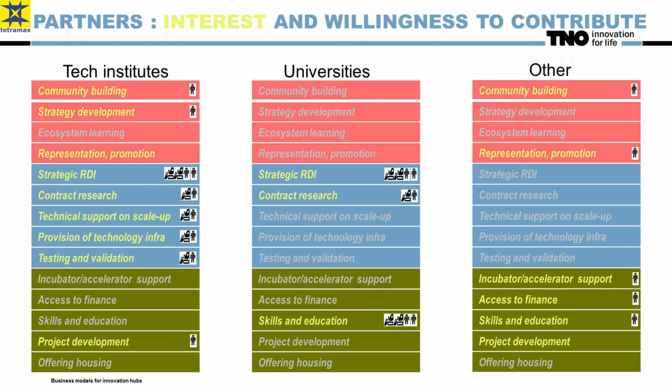And of course, here it's a black and white thing, because I know that the team is also very interested in community building, strategy development and ecosystem learning. But if I look at a lot of other, more academic universities, they are not interested in that so much. Other organizations, like network organizations, are much more interested in these kinds of things.